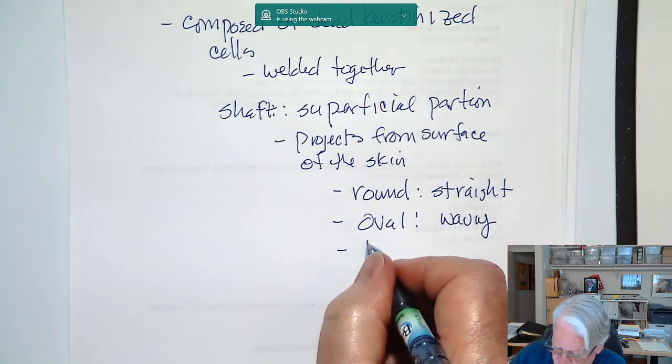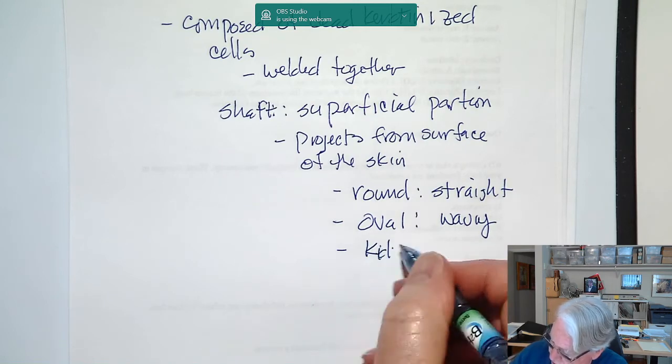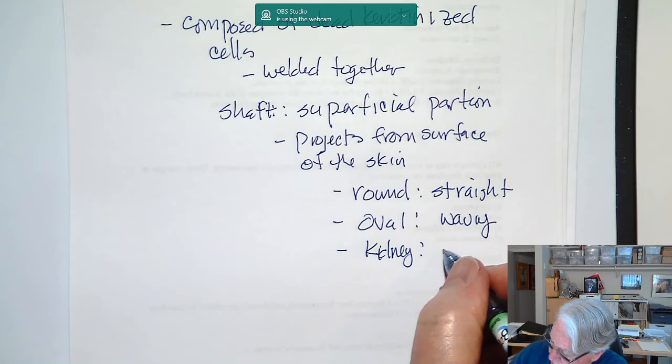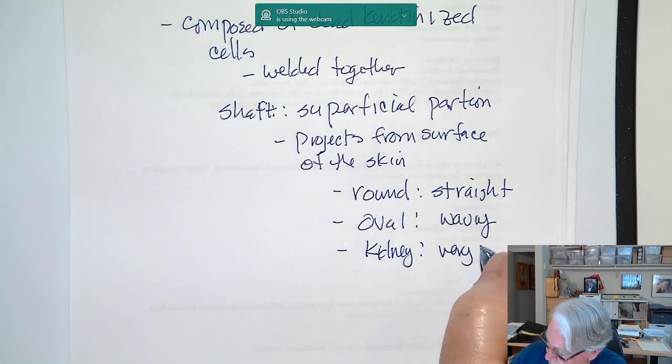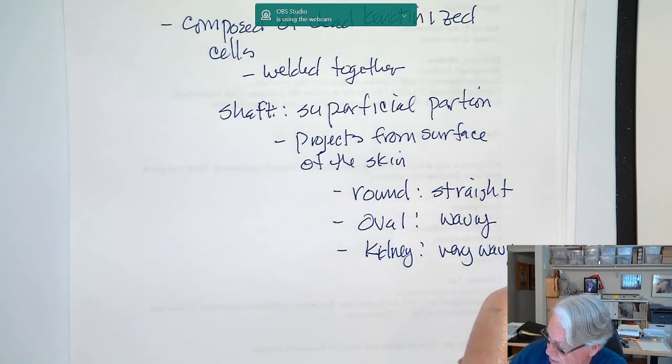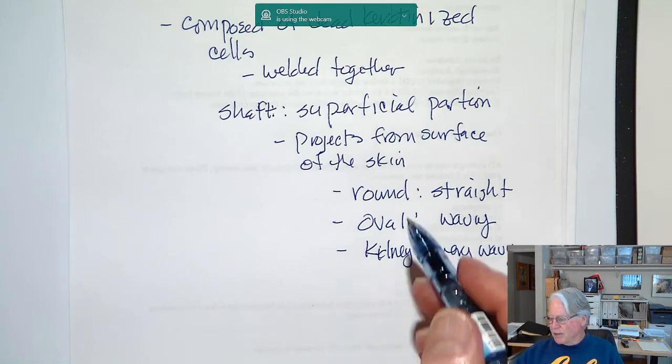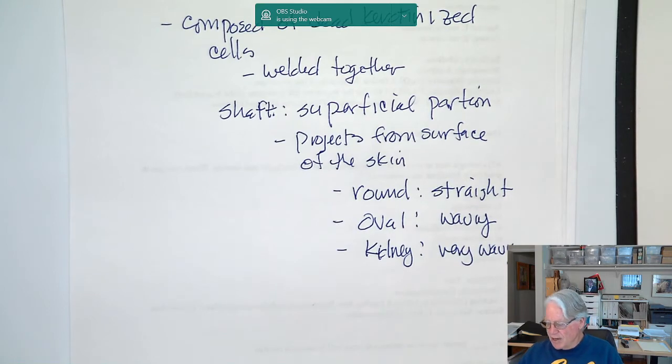And if it really becomes more or less kidney shaped, then you have very wavy hair. So it's a continuum, and whether your hair is straight or has some curl to it, waves to it, depends on the cross section of the shaft of the hair.